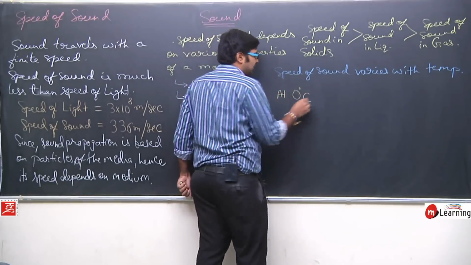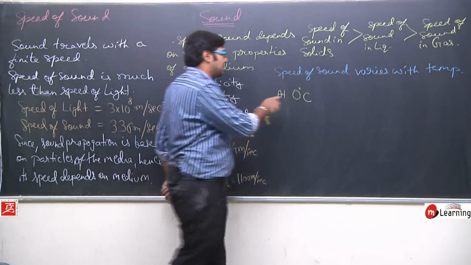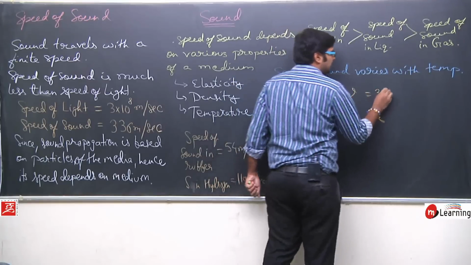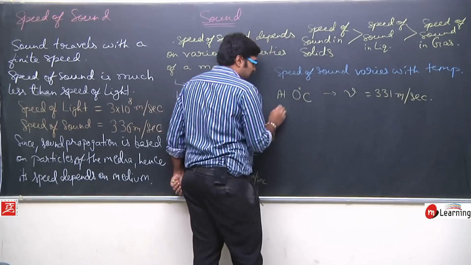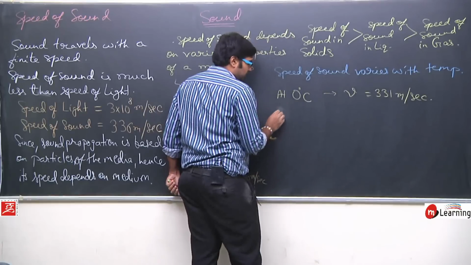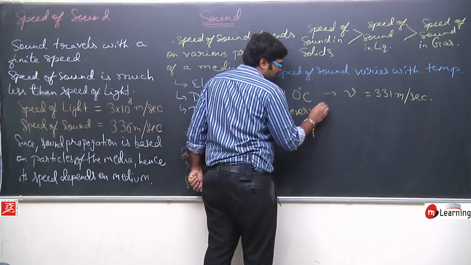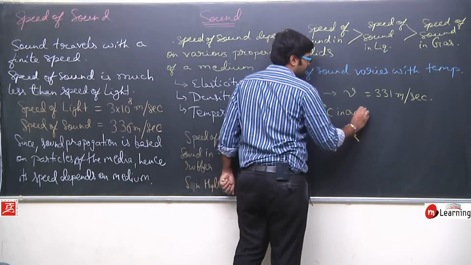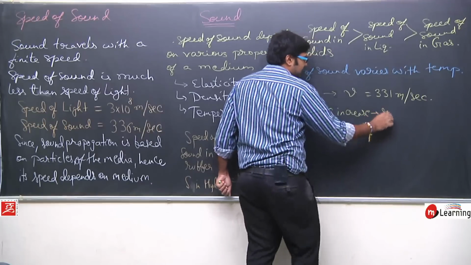At 0 degree centigrade, I am talking about air, the speed of sound is 331 meters per second.